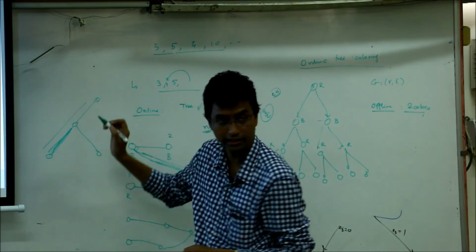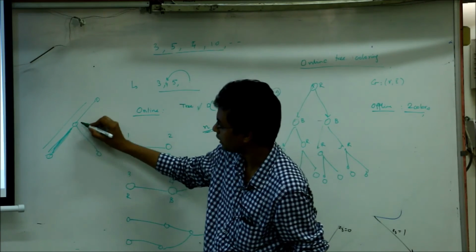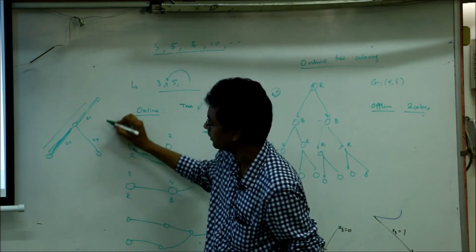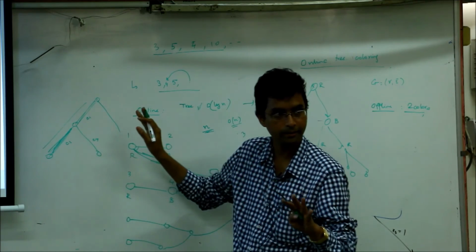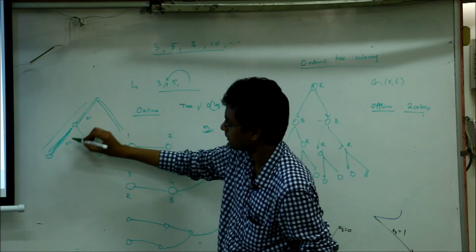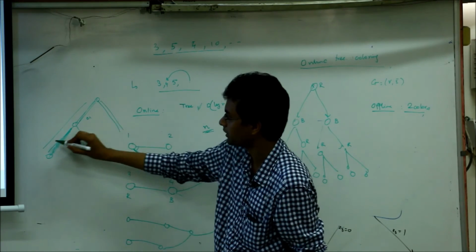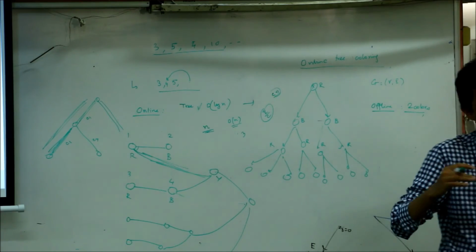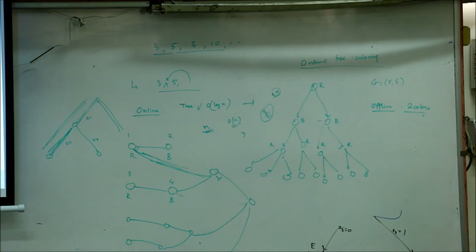So it's a path coloring problem. Every edge has a capacity, C1, C2, C3. This is a general graph, not a tree, and there are edges coming, and you have to color them.